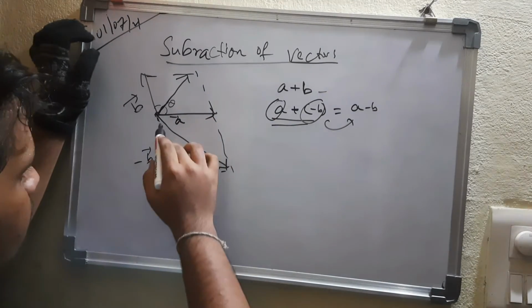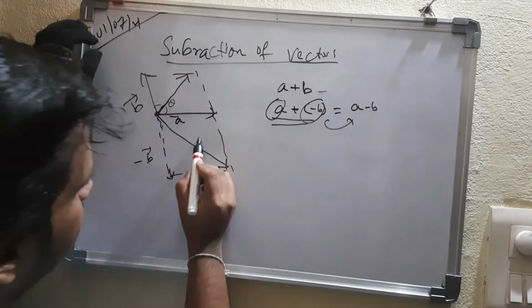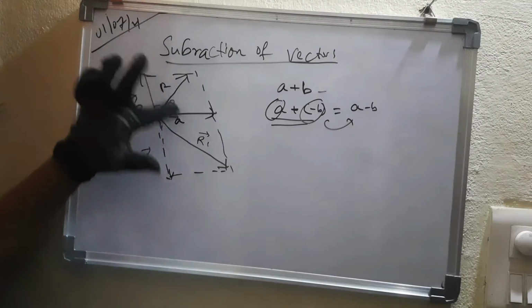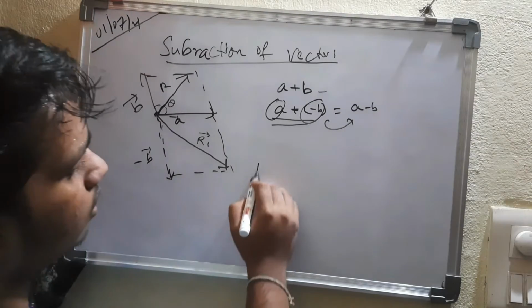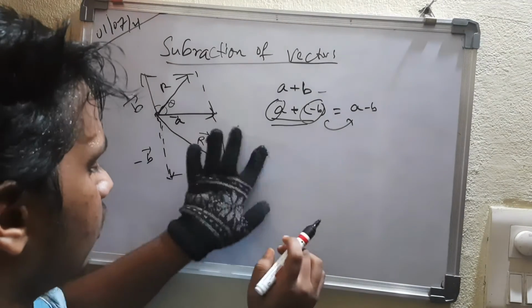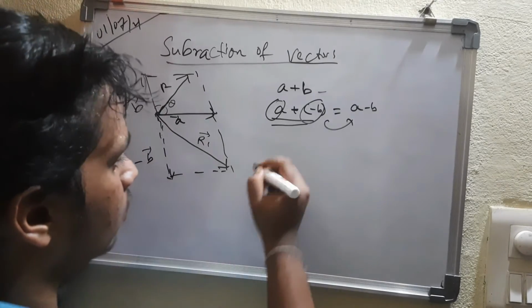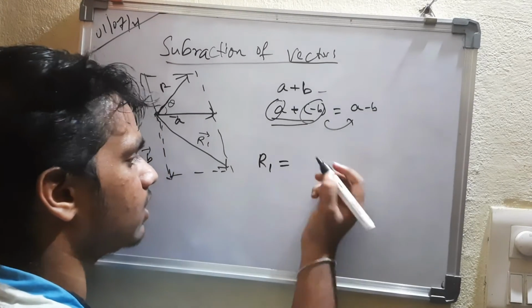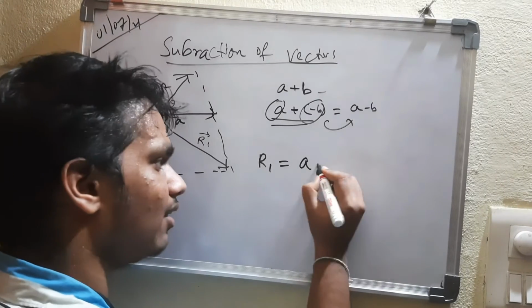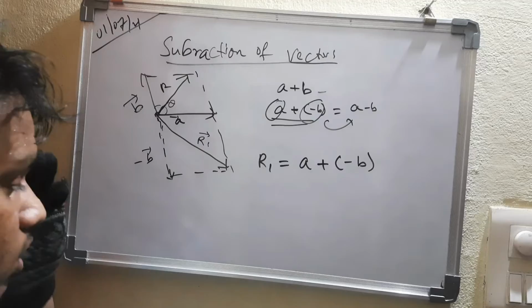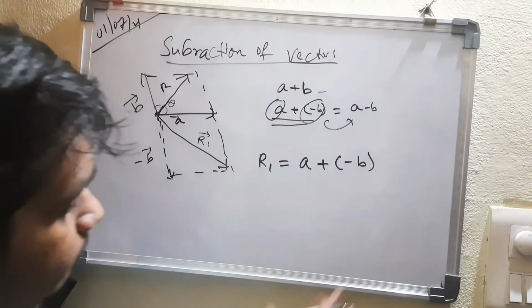Let this be R and this be R1. So R1 will be the resultant of A plus of minus B.